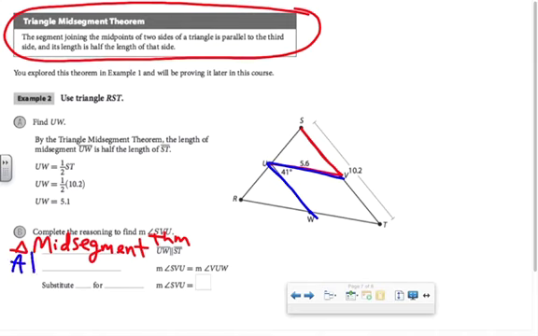So this is the alternate interior angle theorem. So substitute 41 for the measure of angle VUW, and that will tell me that the measure of angle SVU is 41 degrees.